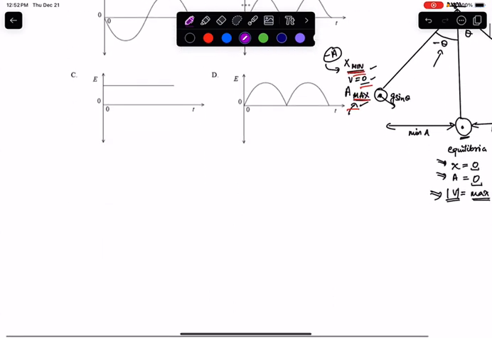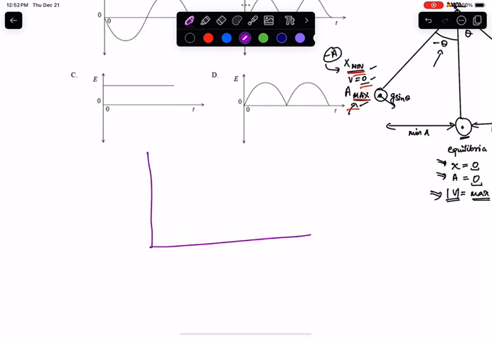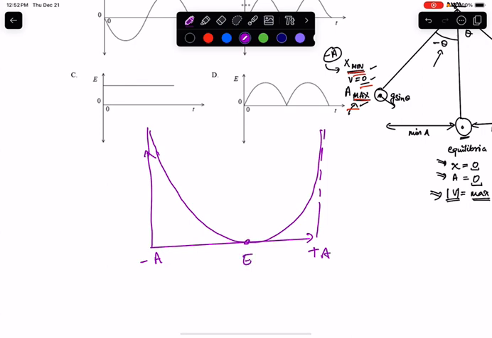So as we have seen over here, for any pendulum, let's say that if this is the negative amplitude, and this is the positive amplitude and this is the equilibrium, then this purple section over here is basically just going to show you the graph for gravitational potential energy. And then this green graph over here is going to show you the variation of the kinetic energy.